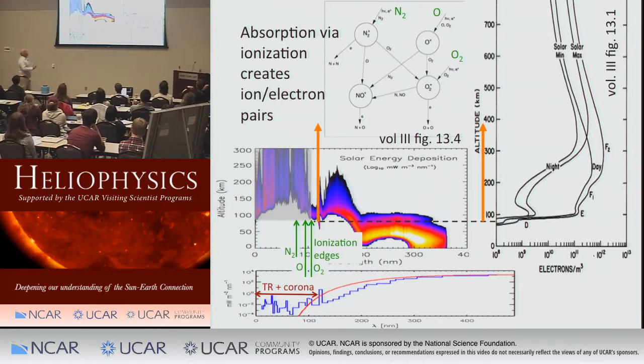If it wasn't bound to a partner, it would get ionized and create O+. This kind of stuff is only going on in this region here. This region here is photons coming from the transition region and the corona, because these are the only photons that have enough energy to ionize the atmosphere.